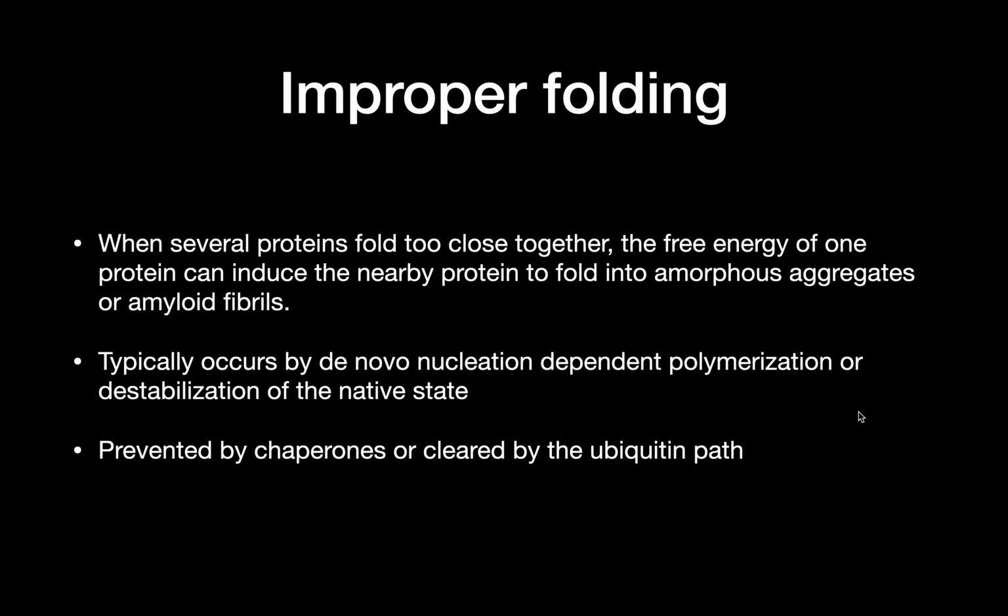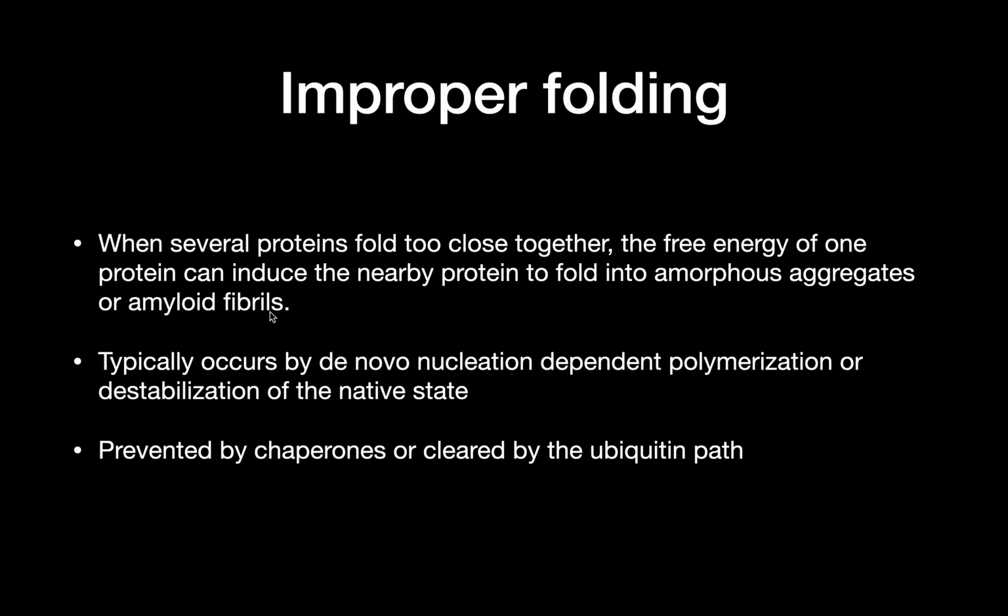Improper folding. Okay, so this is pretty important because it happens when several proteins fold too close together, and the free energy of one protein can induce the nearby protein to fold into the aggregates or the amyloid fibrils.